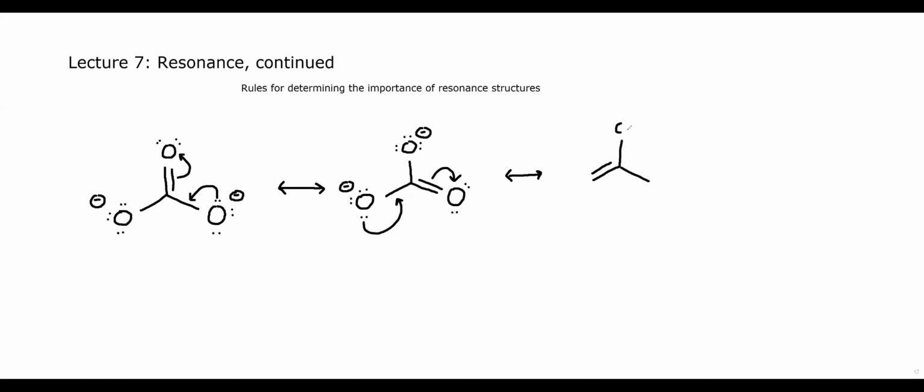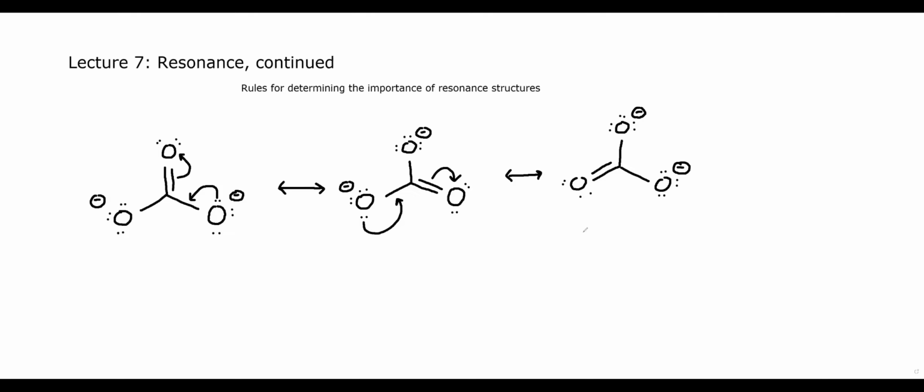We have a double bond on the top, the right, and then the left. Okay, so this is what it means to be in resonance, right? We have these delocalized electrons, and we could draw them as a bond in any location as a lone pair, right? So these delocalized electrons are sort of shared between all of these atoms.